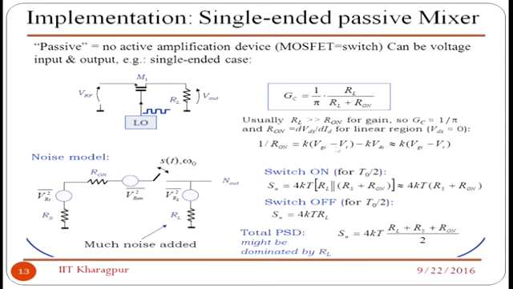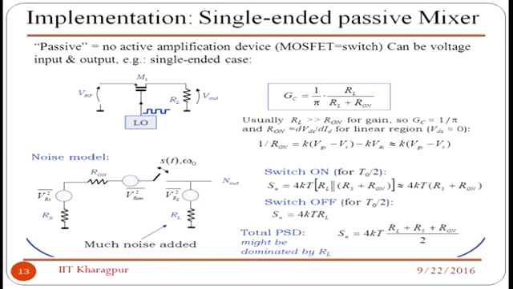That is the conversion factor. The half term comes because A sin omega t into B sin omega t equals half AB cos (omega 1 minus omega 2) t and so on. So 2 by pi times half, the 2 goes, and you get 1 by pi. Very simple: a passive mixer will give you a conversion gain of 1 by pi.